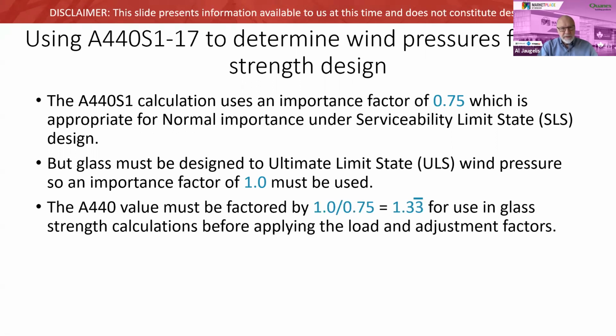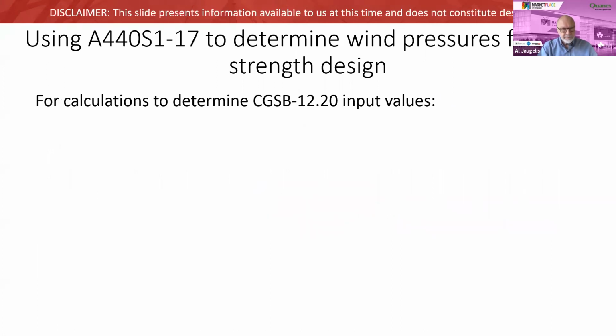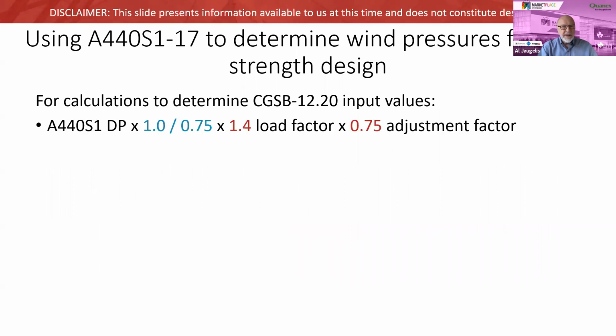So if we take 1 divided by 0.75, that is 1.33333. So essentially, we would have to multiply the design pressure from the Canadian supplement by 1.33333 in order to have a starting point value for the additional factors that we would use for the glass design. Here's an example.